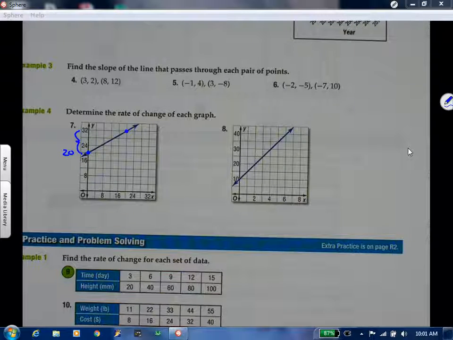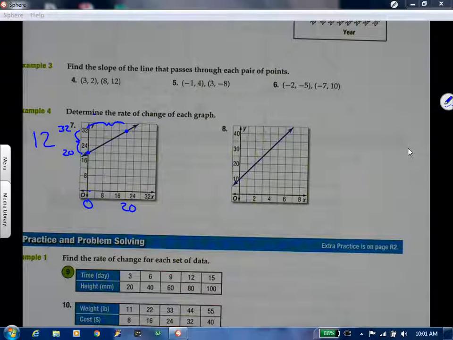How much did we go over? So from here to here. So this line is 0, this line is 20. So how many did we go over? 20. So do I say 12 divided by 20 or 20 divided by 12? 12. Okay. Change in the y's over the change in the x's.